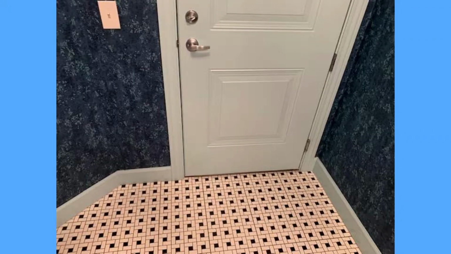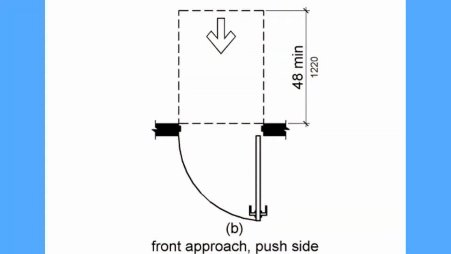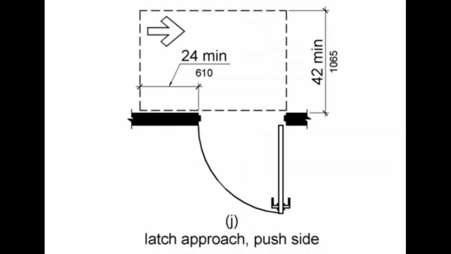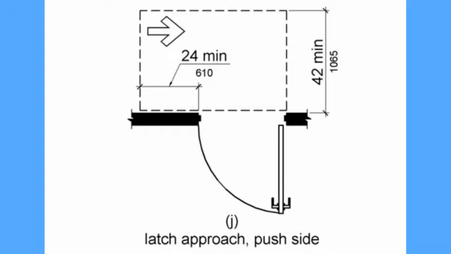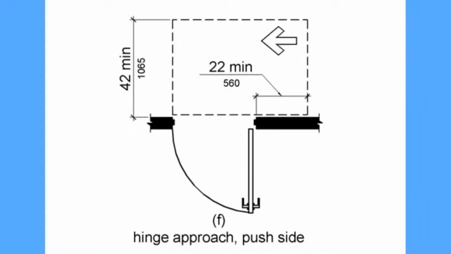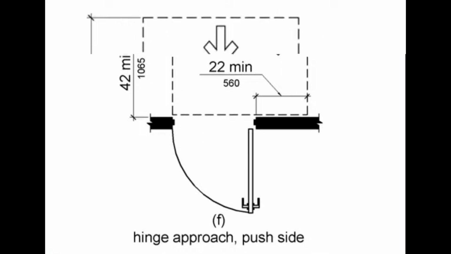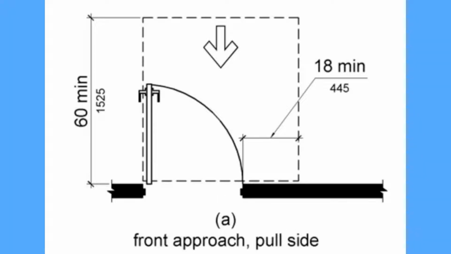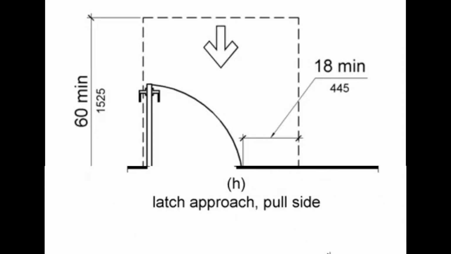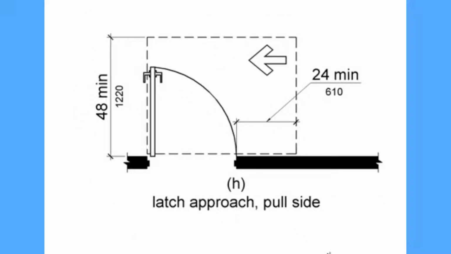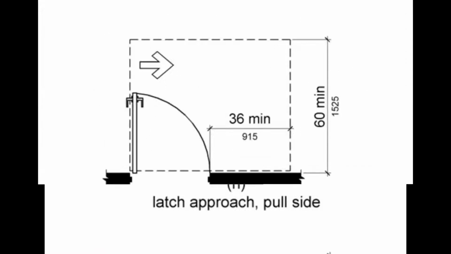There are 6 ways to approach swinging doors: forward approach, push side; latch approach, push side; hinge approach, push side; forward approach, pull side; latch approach, pull side; and hinge approach, pull side.